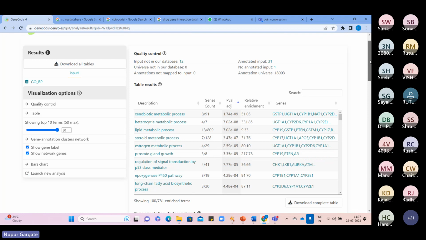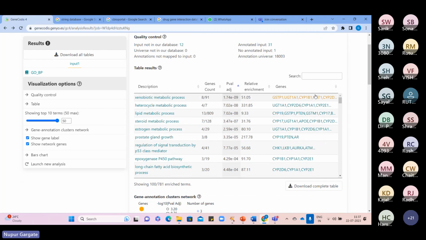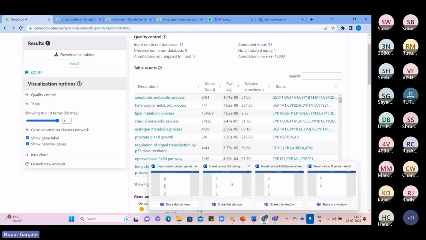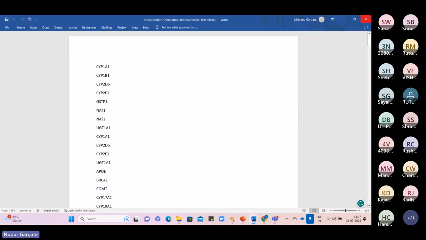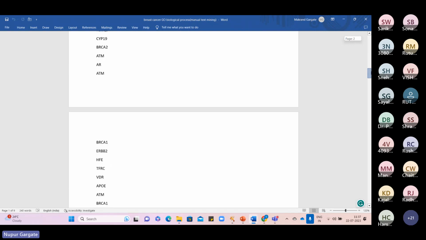Now to analyze the genes using KEGG, we have to copy and paste all these genes. So I've already done that. These are what the genes look like. I've copied all these genes which were present, and from it I obtained almost 240 genes.